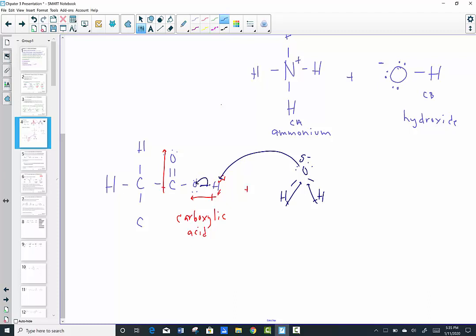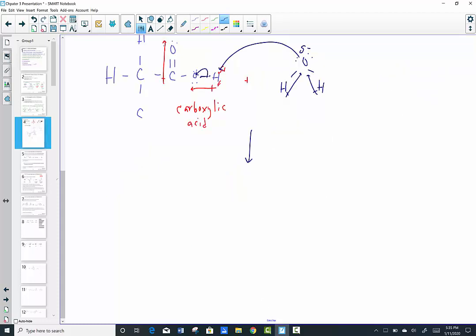And when it does so, the shared pair in this covalent bond collapse back onto the oxygen. And what results are conjugate pairs. The carboxylic acid, when it loses its proton, forms a conjugate base that has O negative, because now the formal charge there represents a -1. This is the conjugate base of acetic acid. This would be the polyatomic ion called acetate.